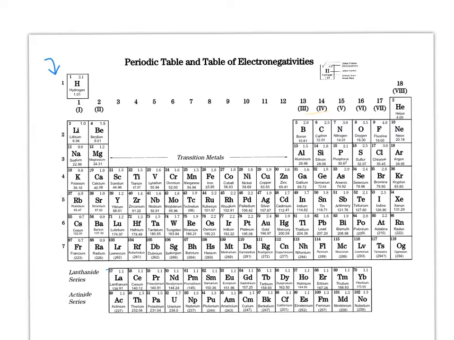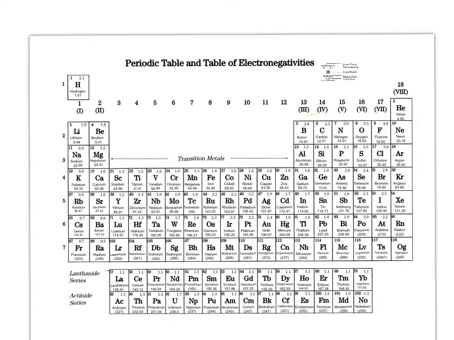There's more information that we can get from the periodic table. So the group number also helps us with the number of valence electrons, so the number of electrons in the atom's shell. So basically, if we look at the Roman numerals here, column 1 has 1 valence electron, column 2 has 2 valence electrons, 3 valence electrons, 4 valence electrons, 5, 6, 7, and 8.